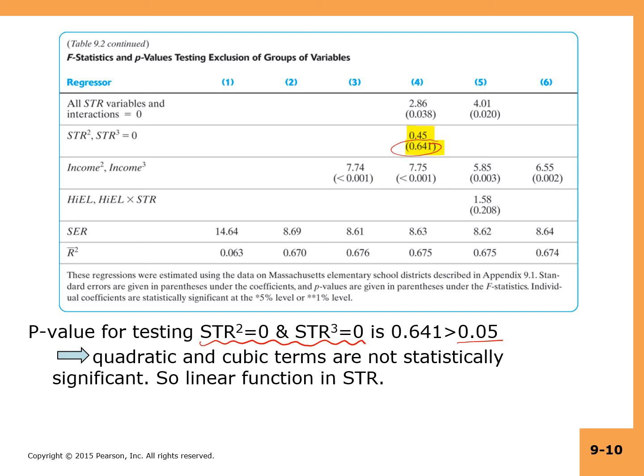So because of the F test and also because the individual coefficients of the quadratic and cubic terms were not statistically significant in the previous slide, we can conclude that the linear model is a better fit for this data set.